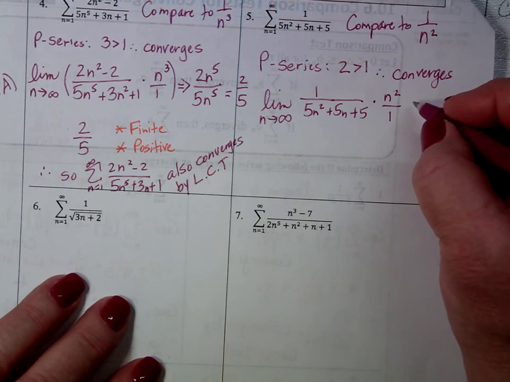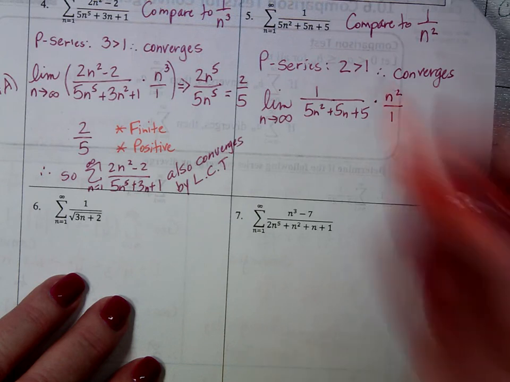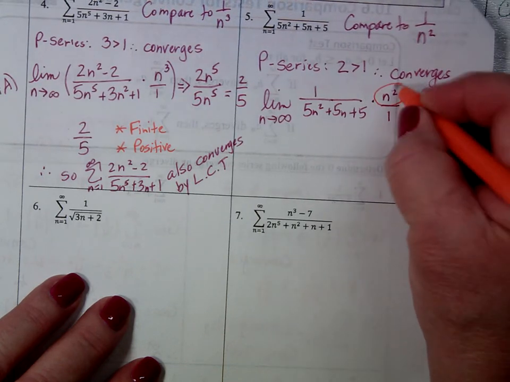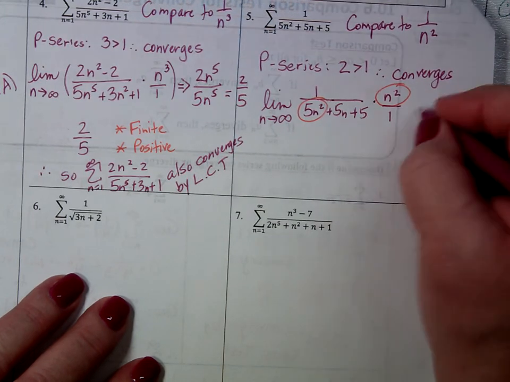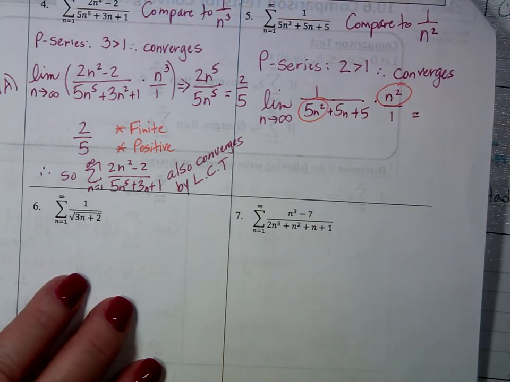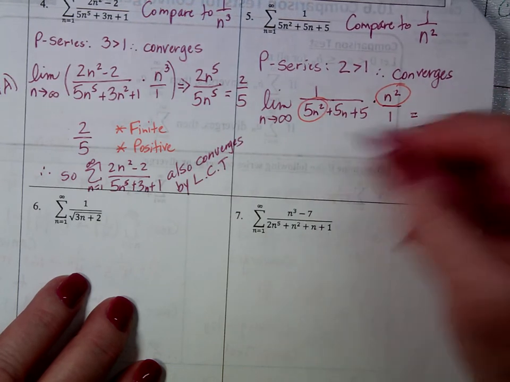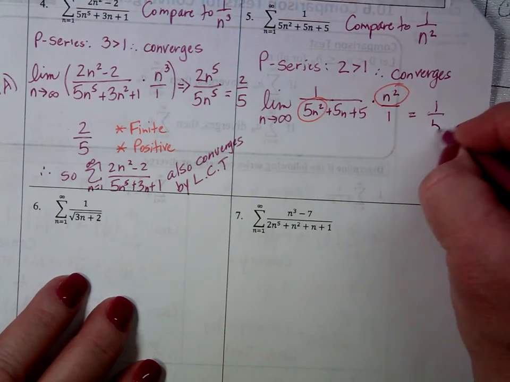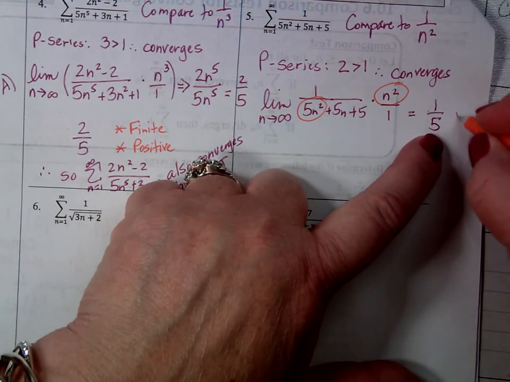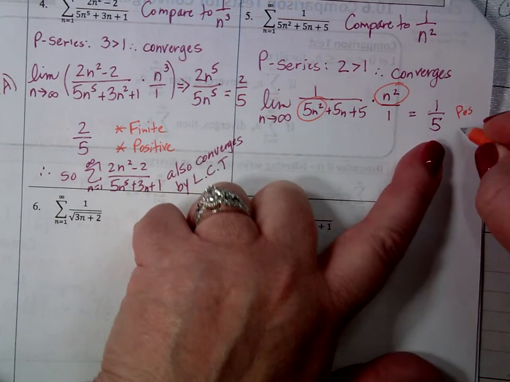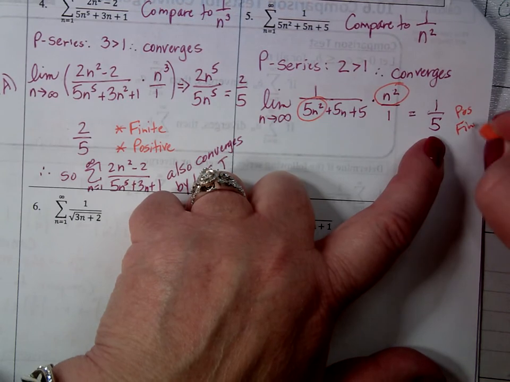So really what I'm looking at, again, thinking about horizontal asymptotes, is this guy right here over this guy right here. Well, what is that limit going to equal? And we know that it's going to equal 1/5. And then we ask ourselves, is that 1/5 positive? And is it finite? And we say, yup, it is.